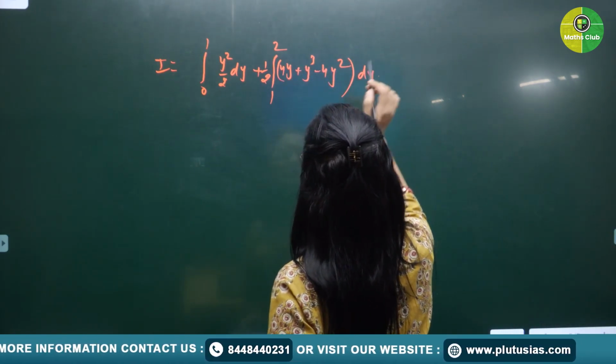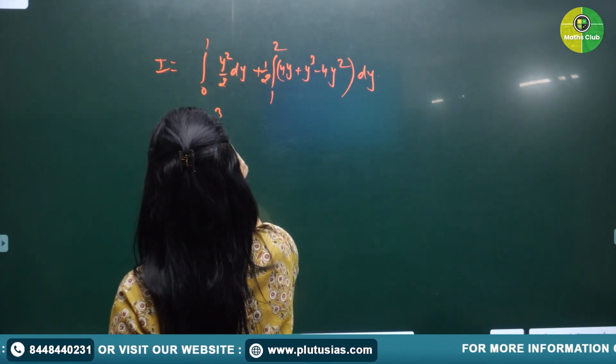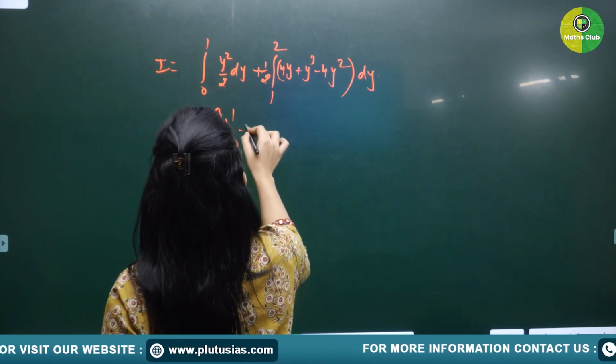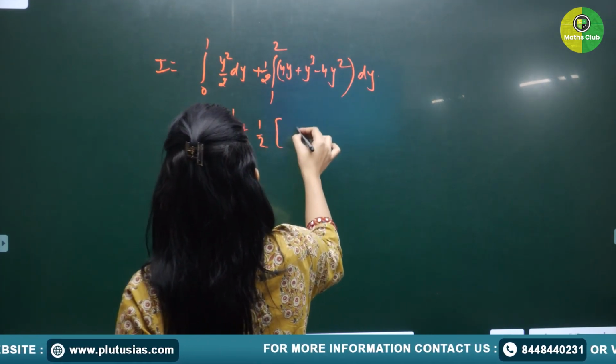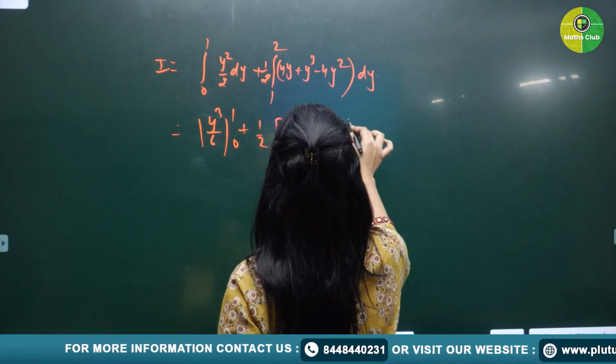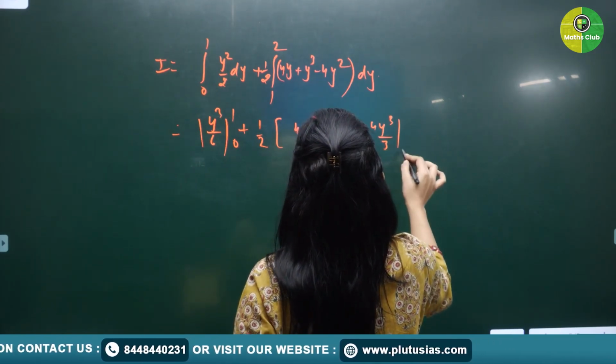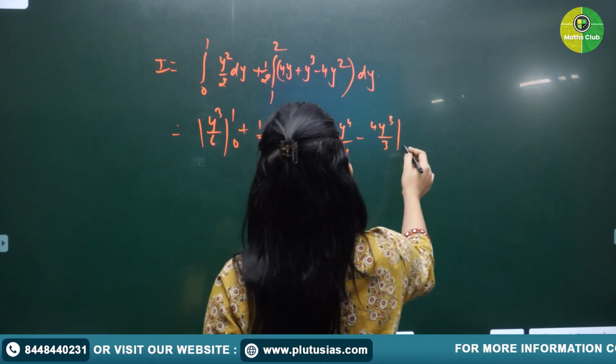So these were the integrals, and it becomes y cube by 6 from 0 to 1, plus half, that is 4y square by 2 plus y to the power 4 by 4 minus 4y cube by 3, and that was half outside, from 1 to 2.